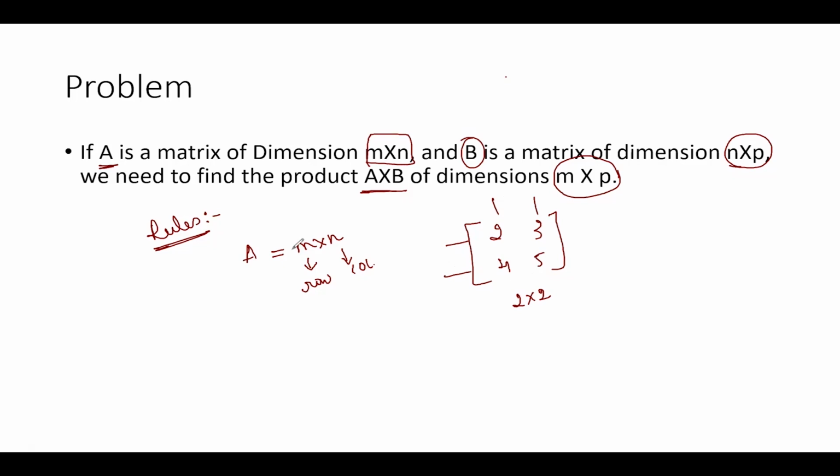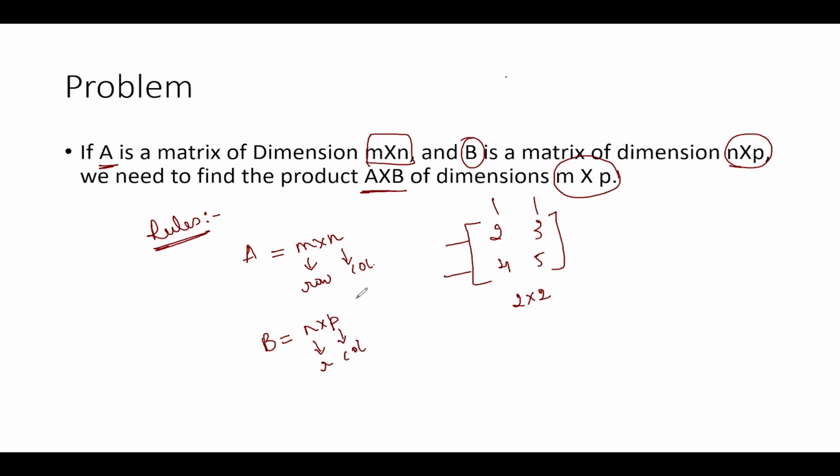That is the meaning of that. So m cross n represents a generalization of a matrix where m is the number of rows and n is the number of columns. Similarly, I'll have another matrix, because we are doing a multiplication of 2 matrices, which is of n cross p dimension, which means I have n number of rows and p number of columns.